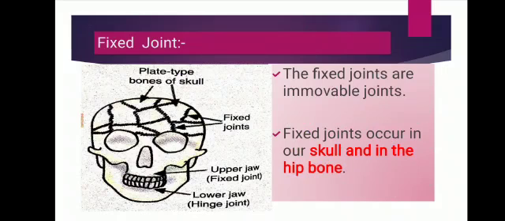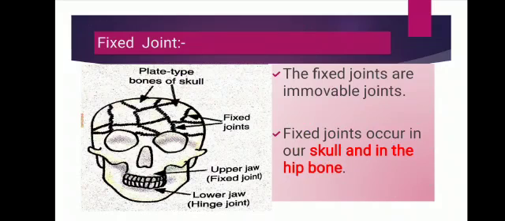Have you ever tried this? While talking, while eating, it will show movement only in the lower jaw. We cannot move the upper jaw because it is connected to the skull by a fixed joint. Thus, there is a fixed joint between the skull and the upper jaw.